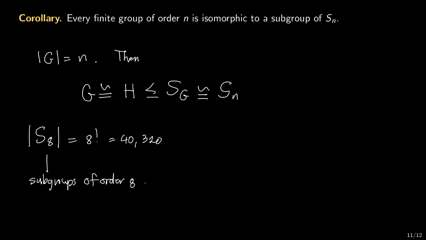And then the different structures that you will see there are the different groups of order 100 up to isomorphism. That's what I mean. Although Cayley's theorem is theoretically good, practically this is very hard to apply, because normally when you consider S sub n, you are considering a very big group because of the size of n factorial. As n gets larger and larger, you see that n factorial grows astronomically large.